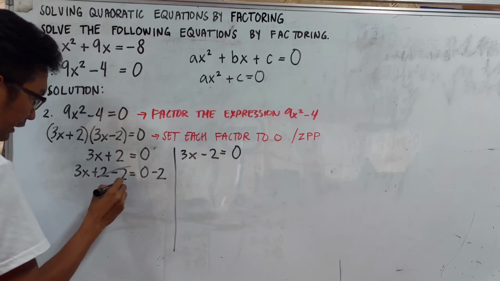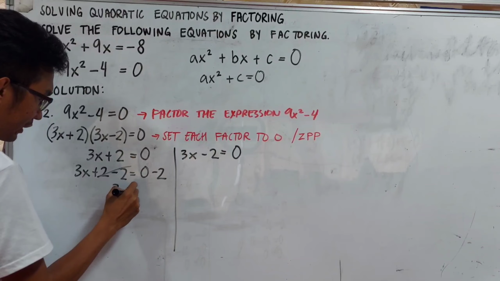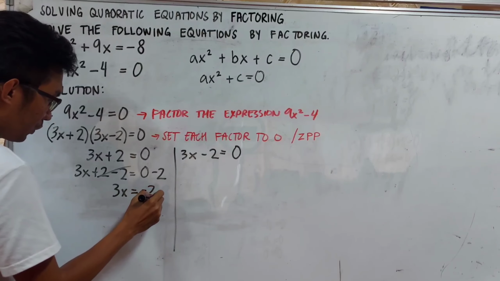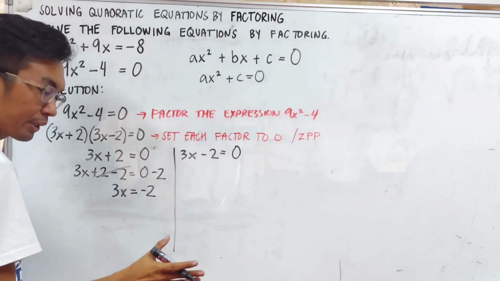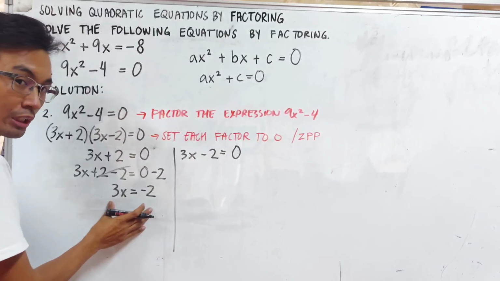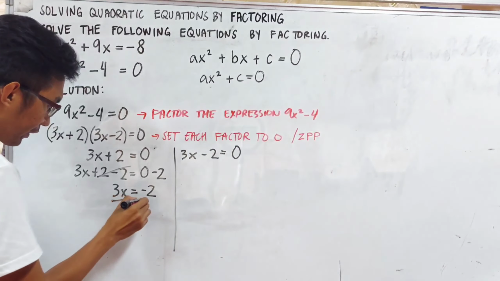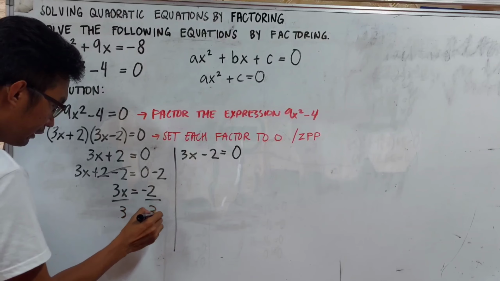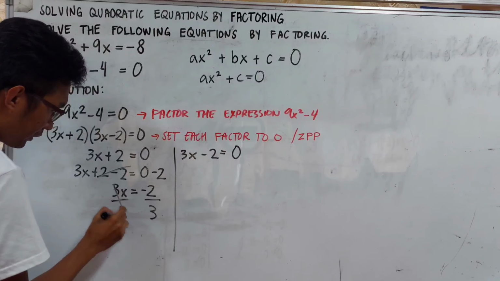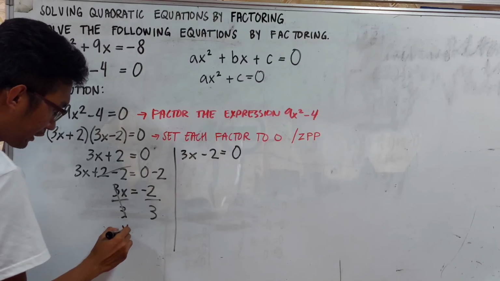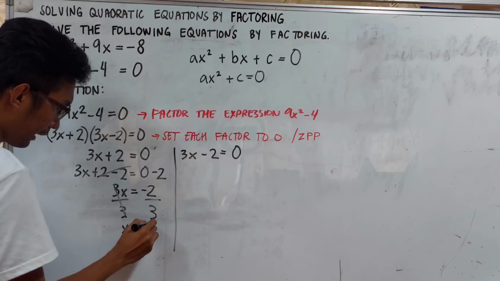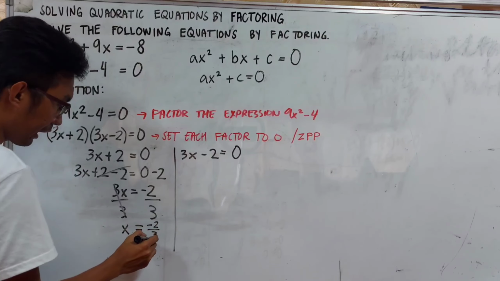This is 0. Ang matitira sa left side is 3x equals negative 2. Then, by using division property of equality, divide both sides by 3. Then, makakancel na to. This is 1. That's why we have x. Then, x equals negative 2 over 3.